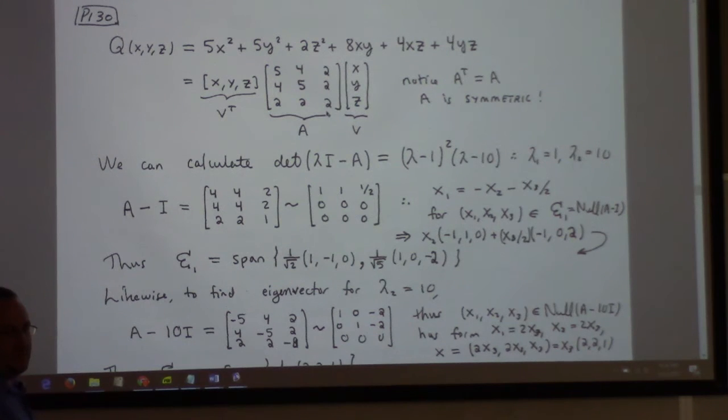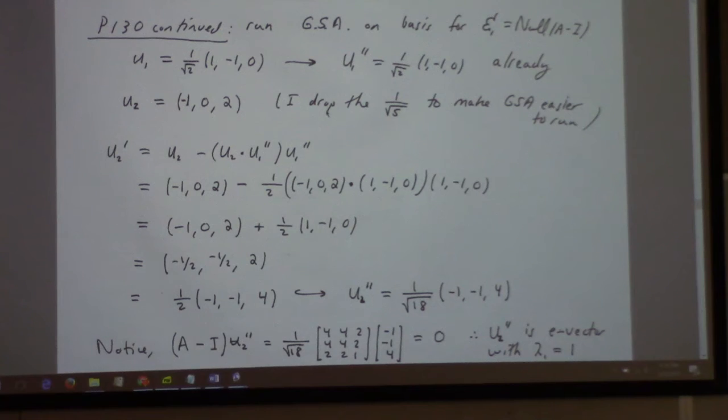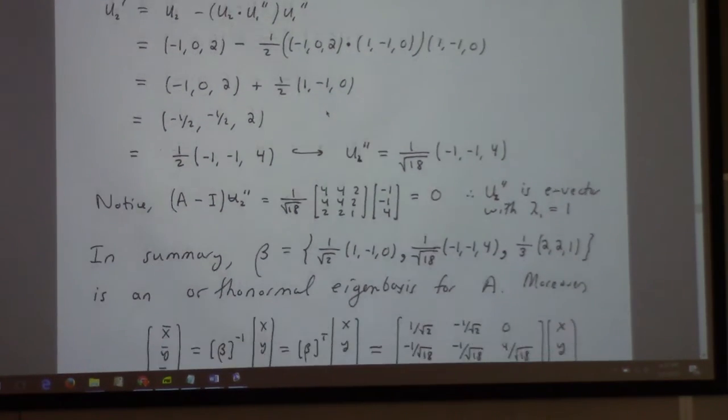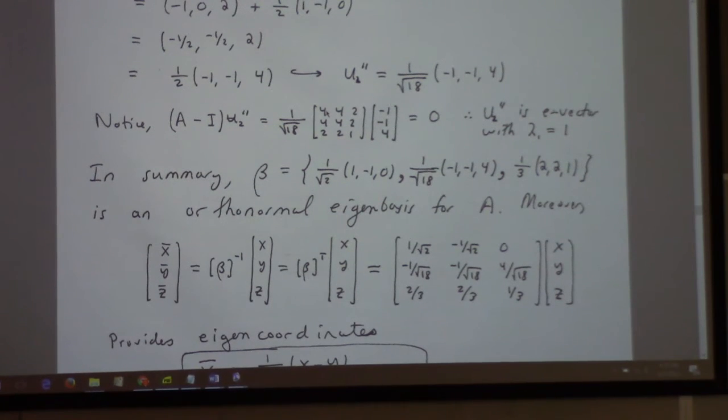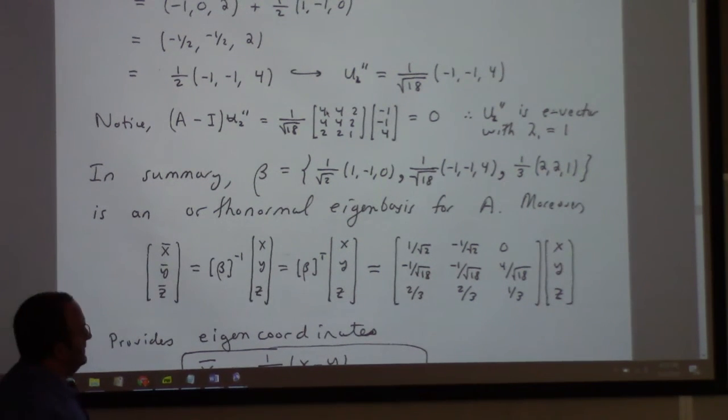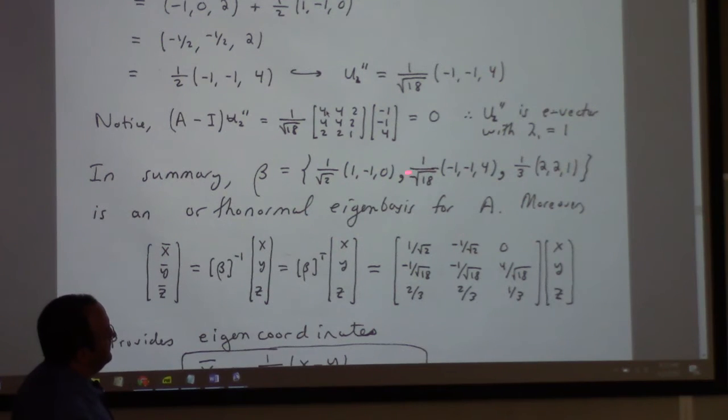So you're like, wait a minute, I thought you said the real spectral theorem says that a symmetric matrix has an orthonormal eigenbasis. That's right, it has it. It doesn't mean that every eigenbasis is orthonormal, though. This is an eigenbasis, these are eigenvectors, but it's not orthonormal because, well, it's not done, basically. So I go to the next page and run Gram-Schmidt on those bases for the null space, and I get these two vectors here, I think.